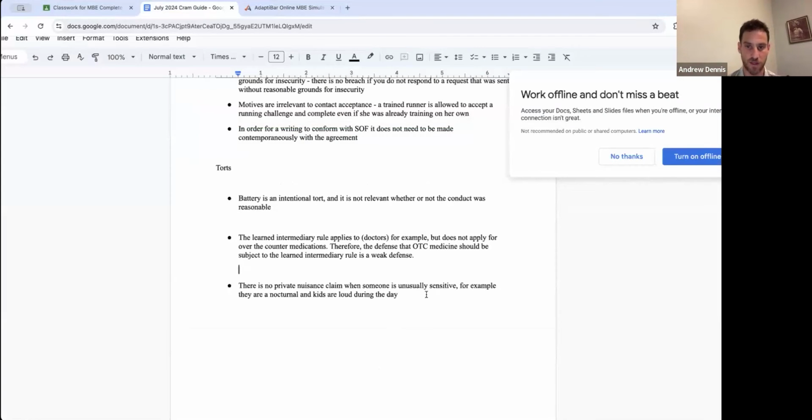So let's go back to the cram guide. The first point that we took was a store owner will not be liable for negligence, or at least has a strong argument against negligence, if an 8-year-old supervised kid who has shown no risk pushes a cart into another customer. Sounds to me like this kid's going down for battery.